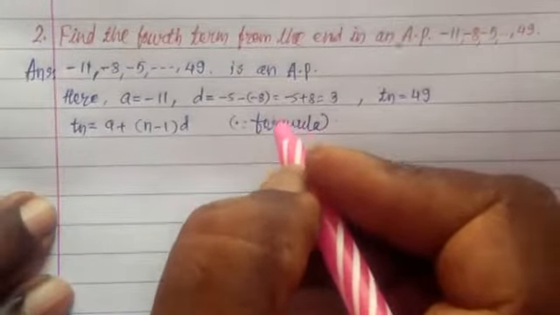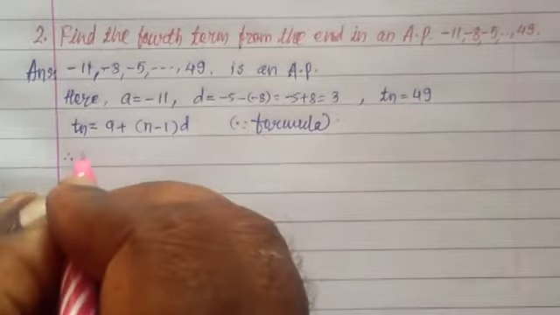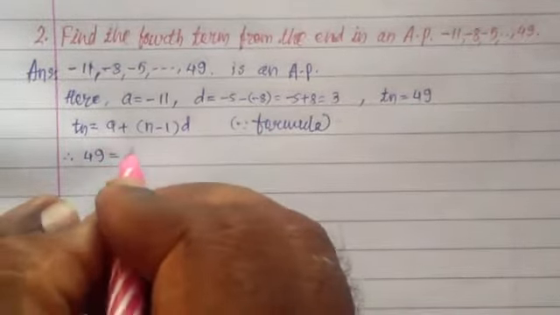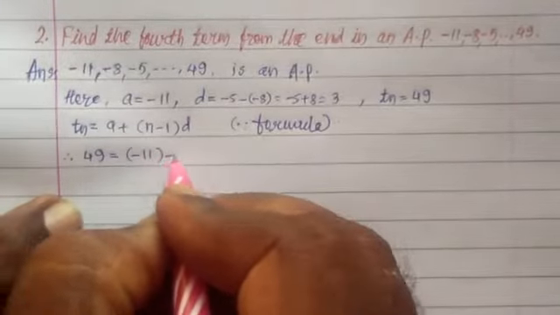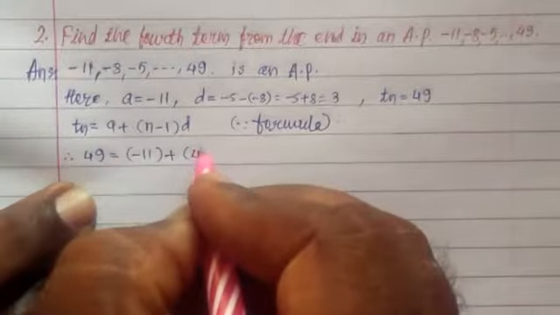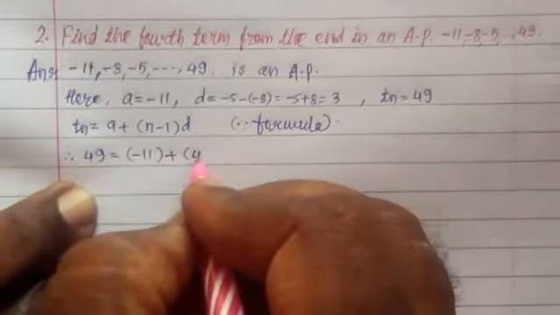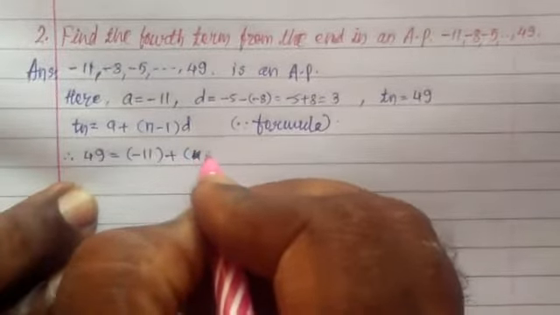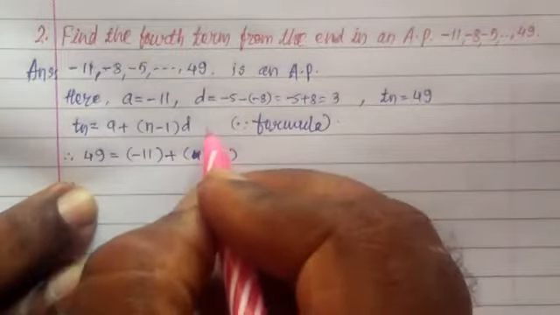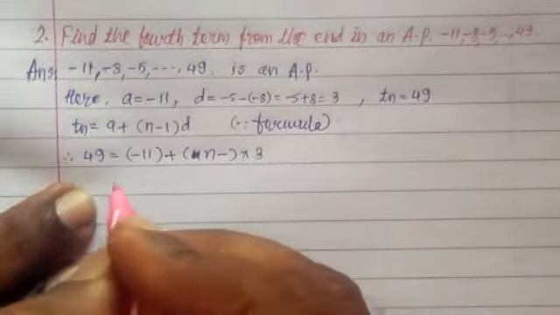Now putting values, we get Tn means here 49, which is equal to A means -11, then plus n, here n is not given, means only n, then minus 1 into D means here 3 into 3.